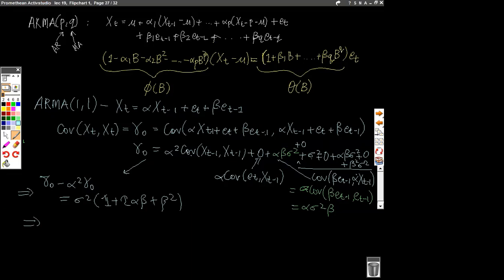So now I can write my gamma 0 as sigma square upon 1 minus alpha square times 1 plus 2 alpha beta plus beta square, right?